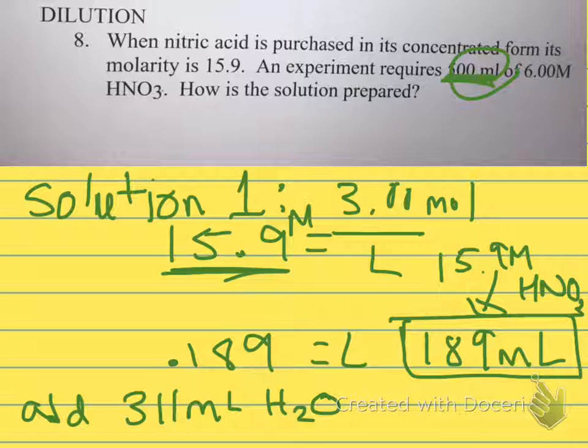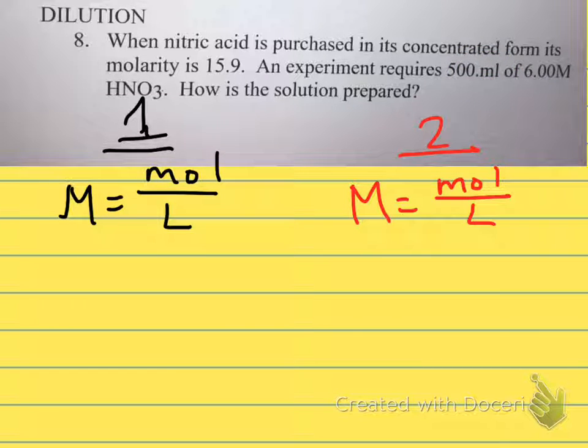I'm going to show you an easier way to do this as well. So we know that the molarity of solution 1 is moles over liters, and the molarity of solution 2 is also moles over liters. We also know that our moles are exactly the same number because however many moles we have in solution 1, that's what we want to have in solution 2, or vice versa.